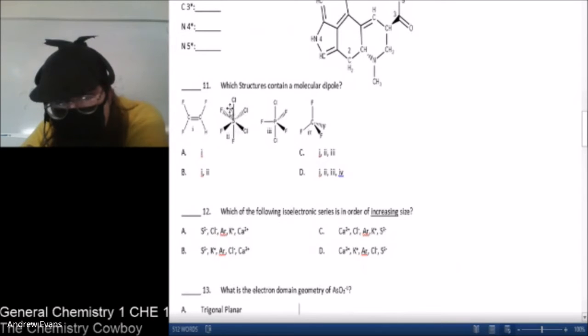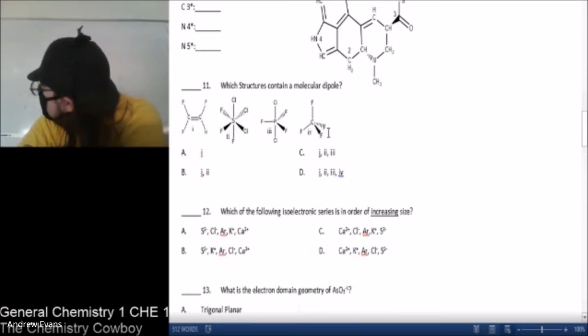ClF, ClF, FCl, these guys are not canceling each other out. That guy's polar. Here's the FFF, those guys cancel each other out. ClCl, those guys cancel each other out. That guy is nonpolar. And this guy, it's tetrahedral, they're all Fs. Even though it doesn't look it, that guy is nonpolar. The correct answer is 1 and 2.